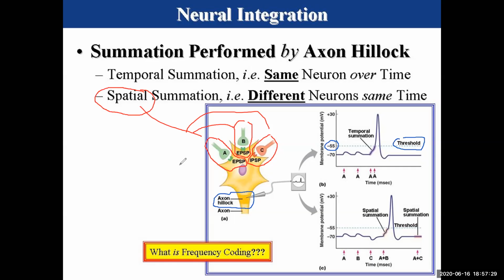So in reality, you can have both simultaneously, temporal summation and spatial summation, right? Temporal summation is the same neuron over time, spatial summation is different neurons at the same time or over time as well. The point is that the axon hillock, when it adds all of this up, does it get to threshold? If it gets to threshold, it fires an action potential. If it doesn't, then nothing happens. So over here, let's begin with temporal summation.